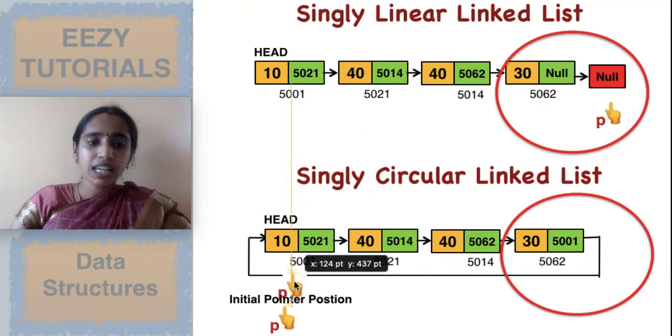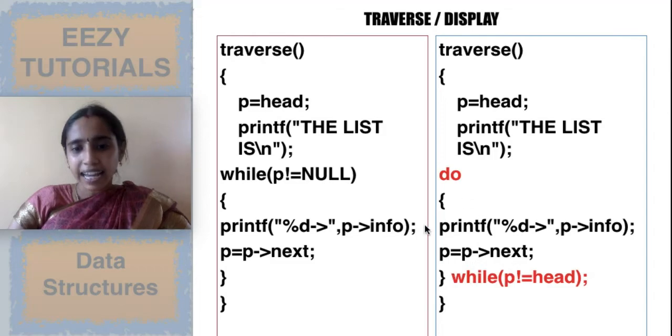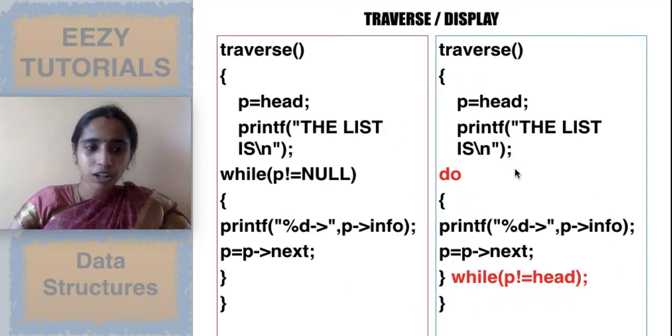So you are using a do while loop. First you print, then you move to the next, and then you check whether p is not equal to head. So do print p of info, p is equal to p of next, again and again, while p is not equal to head. This is the code for display.